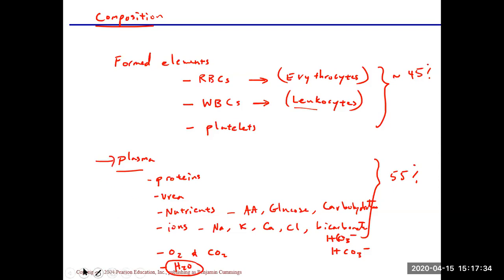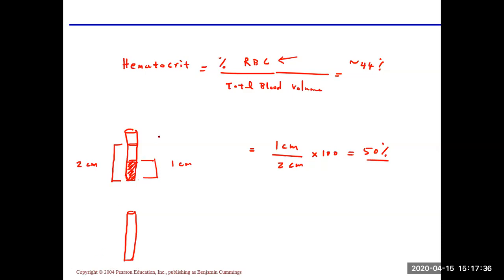So if you wanted to correctly draw, for instance, a person that is losing water, let's say it's the same person after running a marathon and not drinking water, through sweat you lose a lot of water. So now, here are your red blood cells.